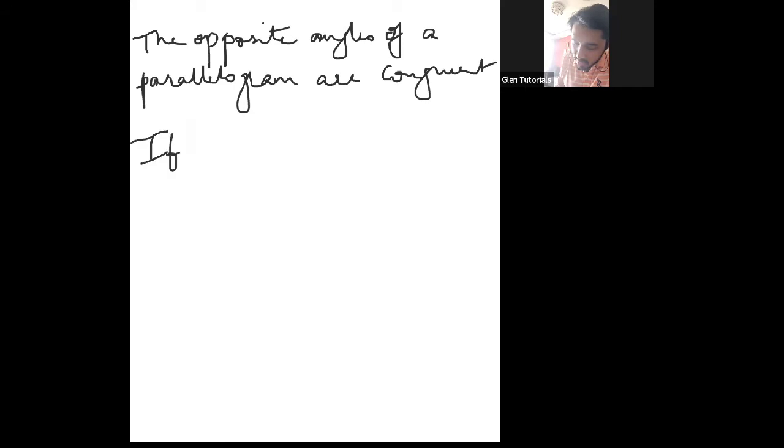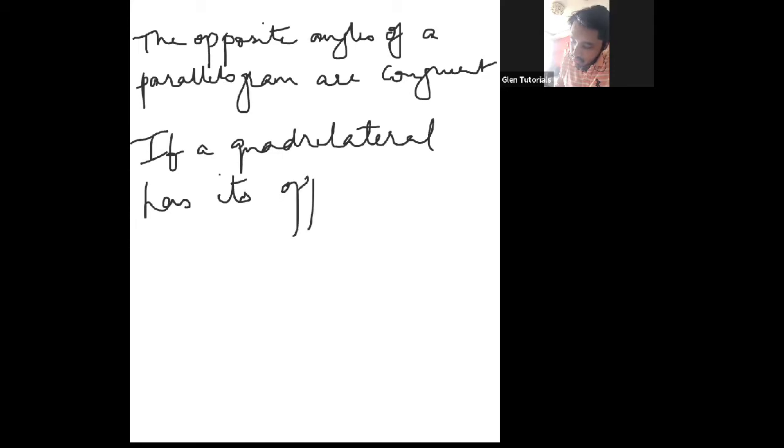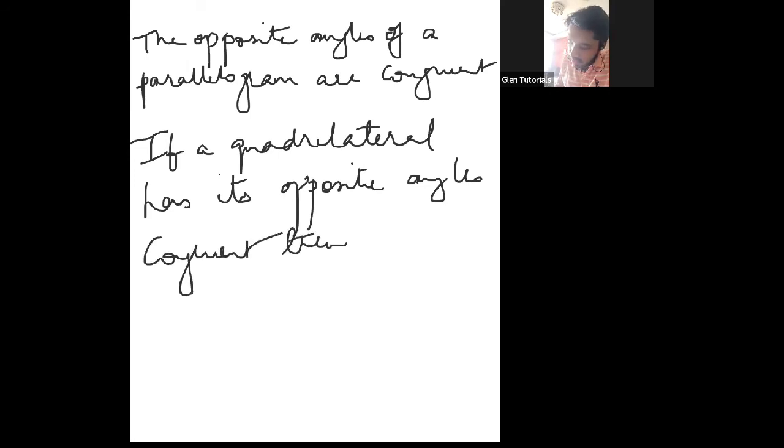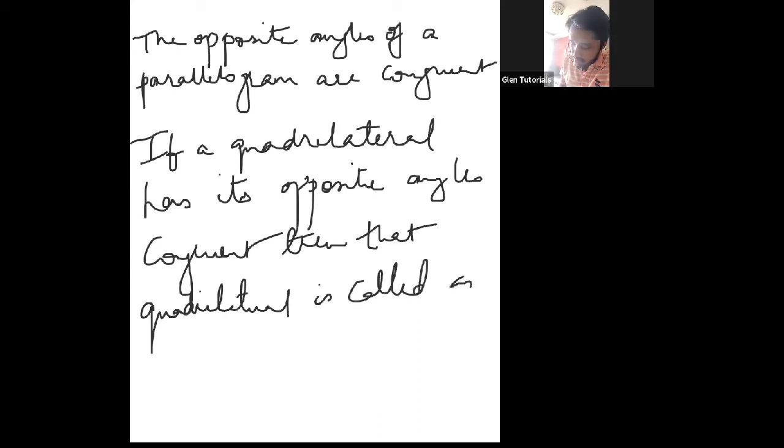If a quadrilateral has its opposite angles congruent, then that quadrilateral is called a parallelogram.